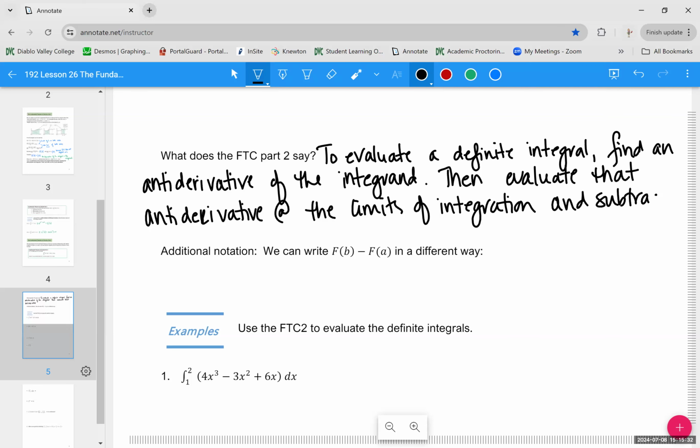So since it's subtraction, order matters. Make sure you're doing F of b minus F of a.